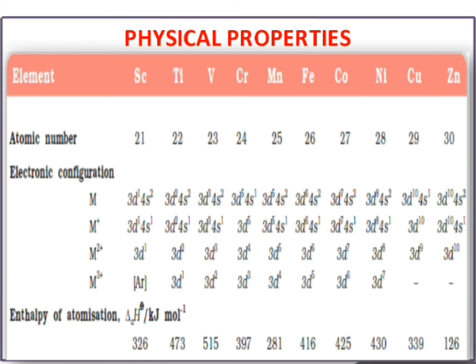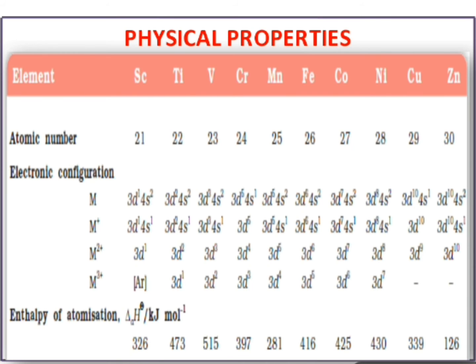You know, in a metal, a large number of atoms are present, and these atoms are bonded with a metallic bond. So we have to break this metallic bond. In solid state, all the atoms are present as an ocean of atoms.